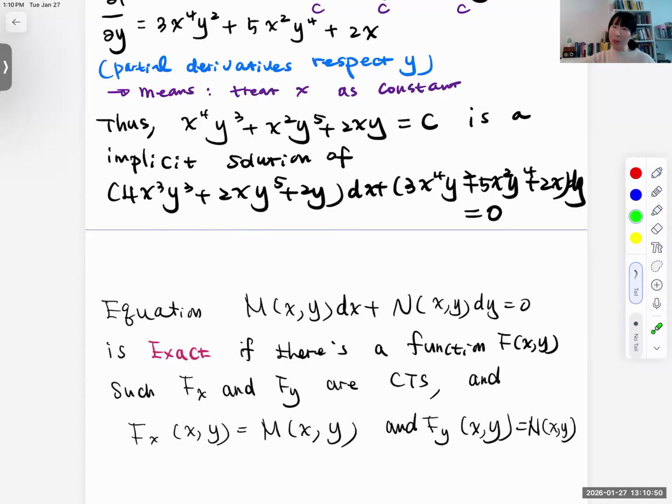So what does exact mean? If there is a function in terms of x and y, then we have a partial derivative exists in the continuous function, right? And then the partial derivative with respect to x agree with the equation of first term.